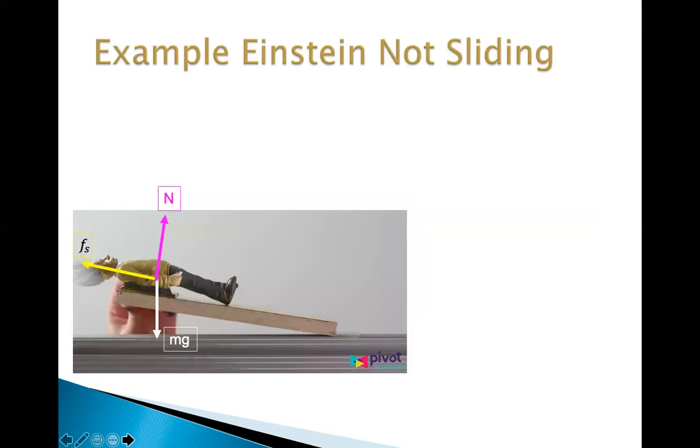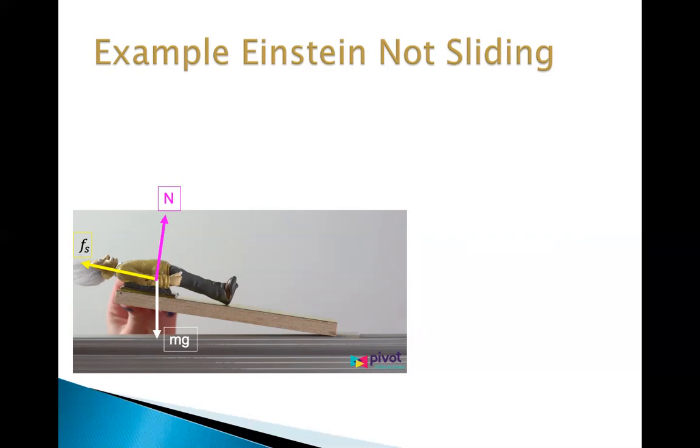Here's an example of Einstein not sliding. So that's static friction. For the forces on Einstein, always check the three basic forces: weight, normal force. There's no string, so there's no tension. Because Einstein is on the slope, he has a tendency to slide down. Imagine if there's no friction.